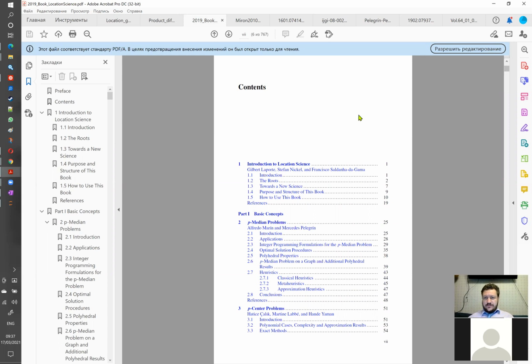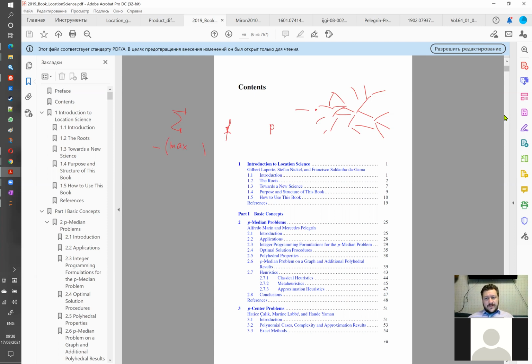So if we have a graph, and we are allowed to place only p stores such that a function, like the sum of distances from all points to the closest of these p stores, or it might be like a minimax.